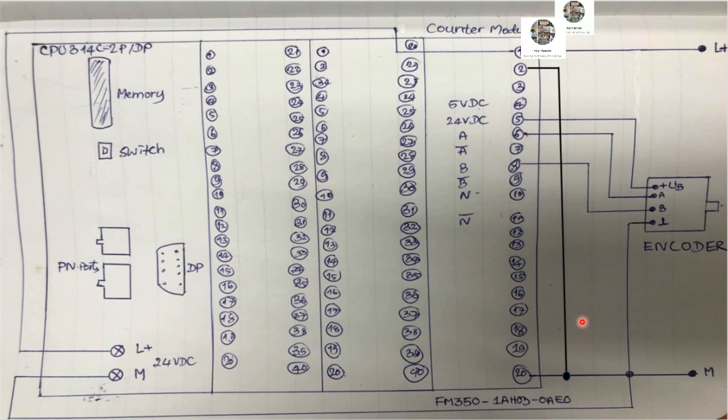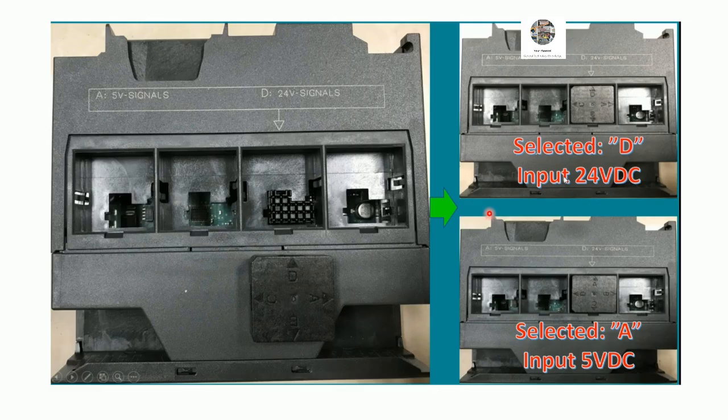We also have the function to select 5 volt DC or 24 volt DC. Here, if we select D, it means 24 volt DC, and if we select A, it means 5 volt DC signal. This is just an example.